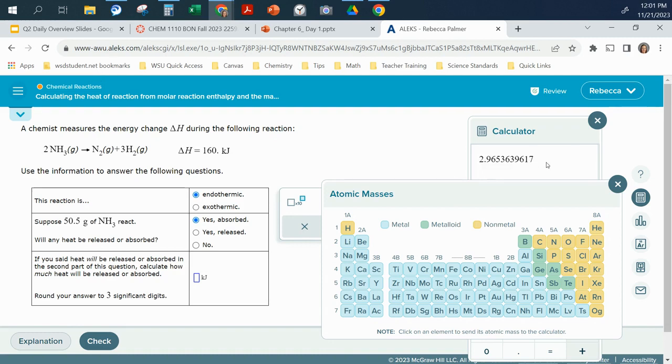I'm going to take this number times 160, divided by 2. Then we need 3 significant digits, so I'm going to round to 237, and it already has kilojoules. This one will be positive. So sign matters here. It's telling me if the energy is going in or out of the reaction. Let me check.